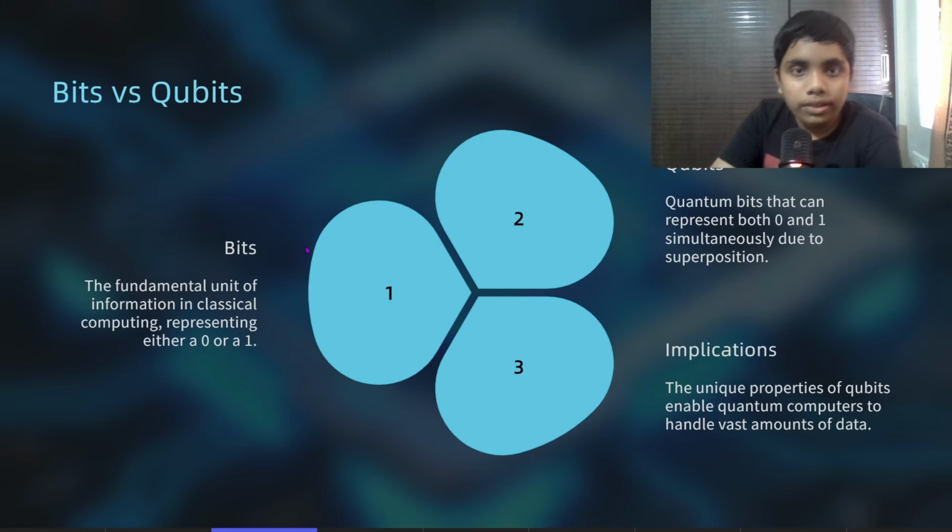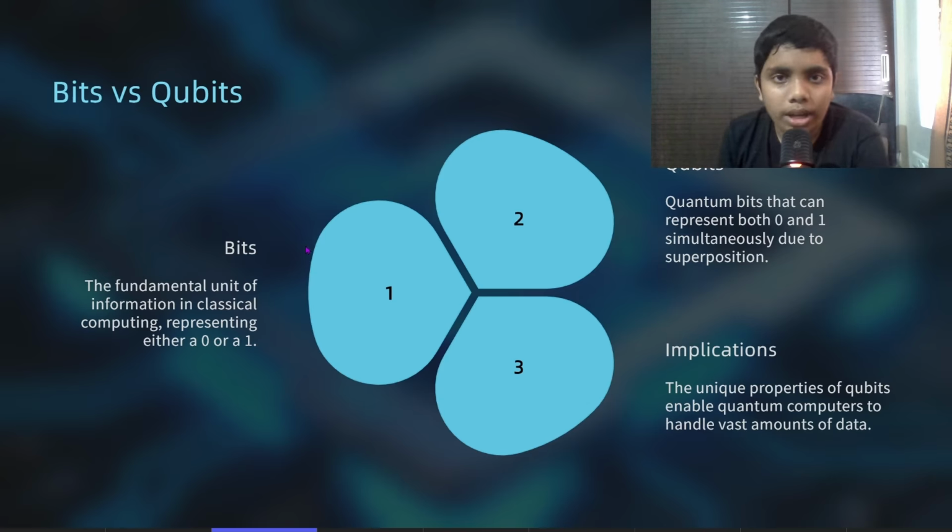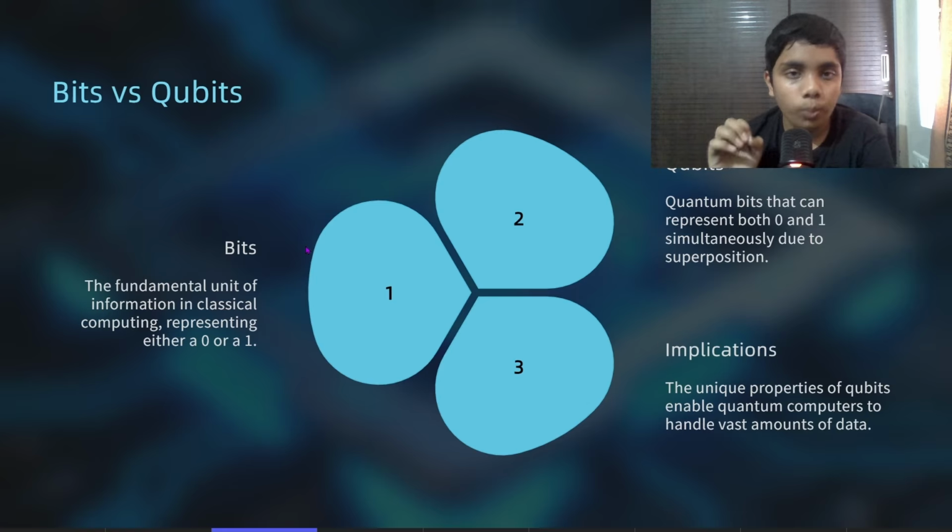So what are bits? You're watching this video on a classical computer. It can be a phone, your laptop, your tab, your iPad, or anything, right? They're all classical computers, and they store all of this information in bits. Bits can be of two types: 0 or 1. Think of a light switch: 0 is off and 1 is on.